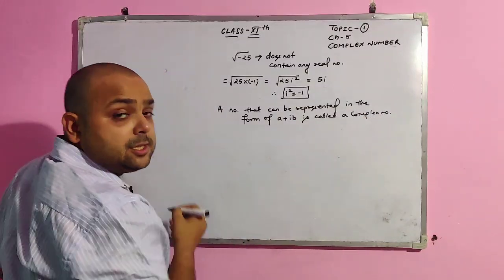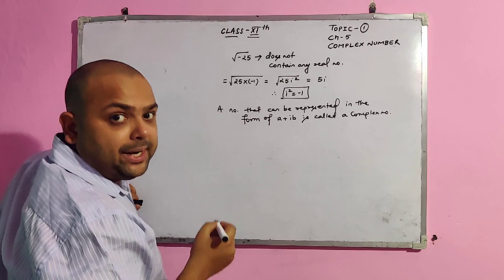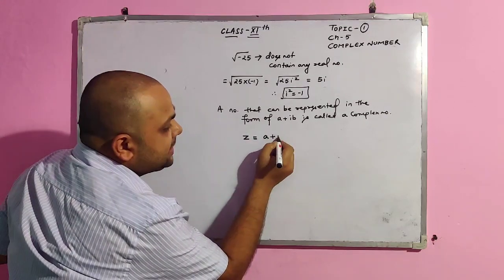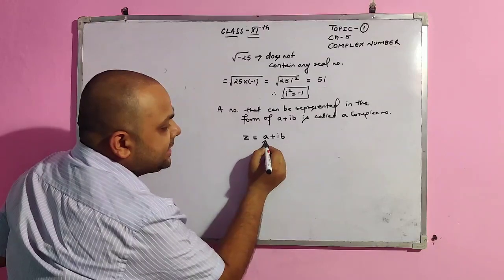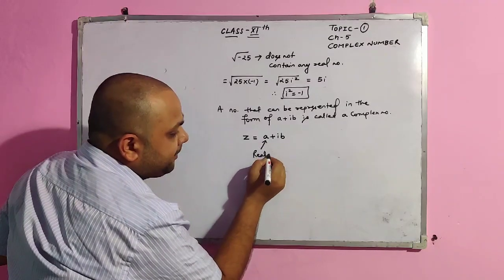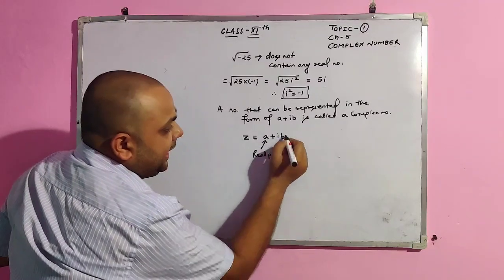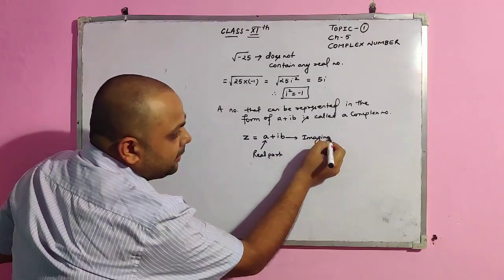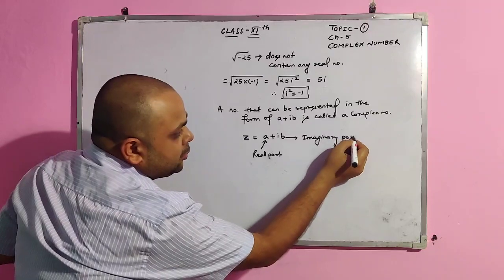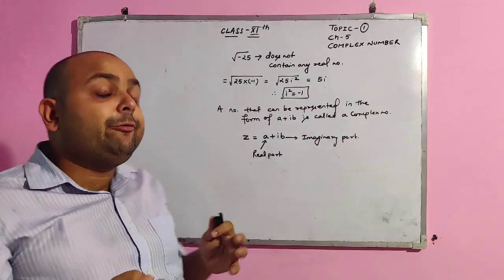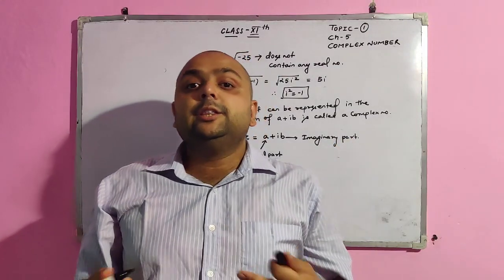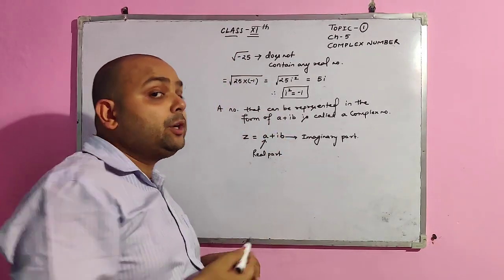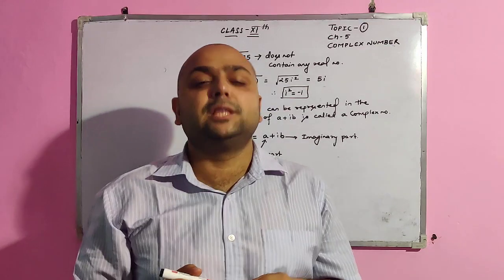Now the symbol of the complex number is z, which is equal to a plus iota b. A is the real part and this b is the imaginary part. So we have to convert the given set of numbers in the form of a plus iota b to make it a complex number.